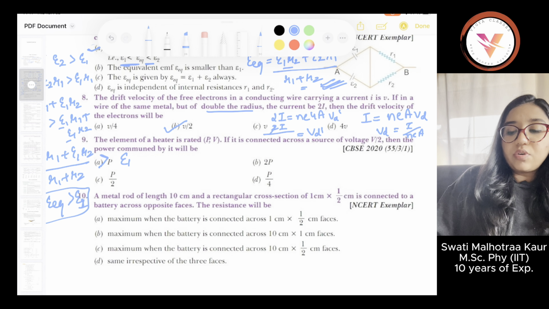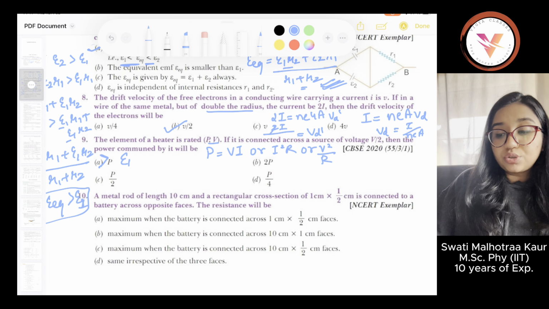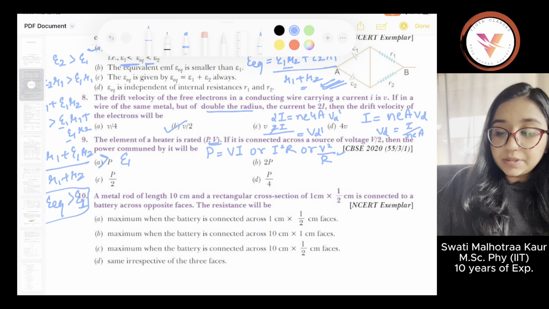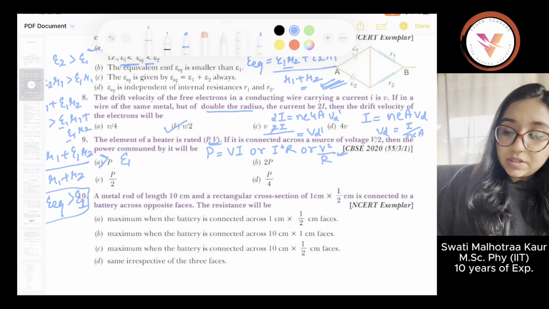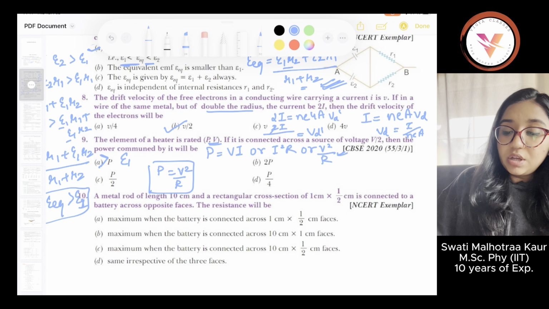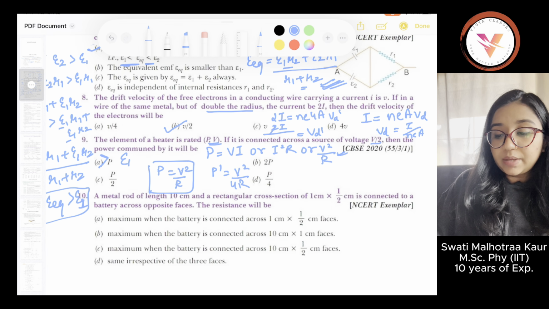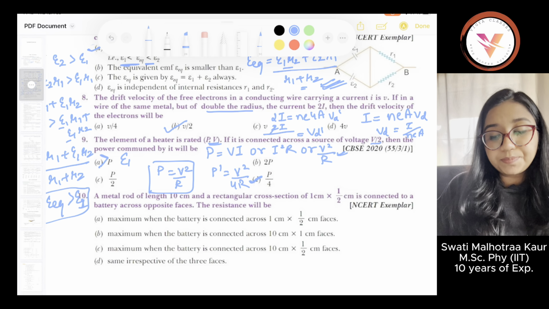See, the power has a formula of VI or I square R or V square by R. So here it is rated with voltage, so we will use the formula with voltage here. So power is equal to V square by R. Now the voltage is half. So new power becomes V square by 4R. That is 1 by 4 times of P. That is option number D.